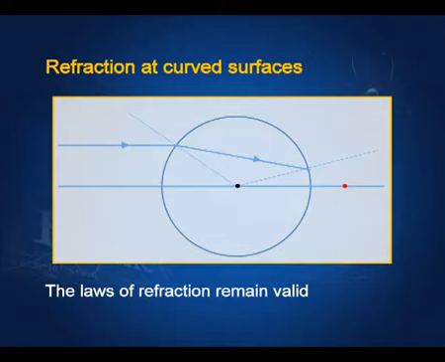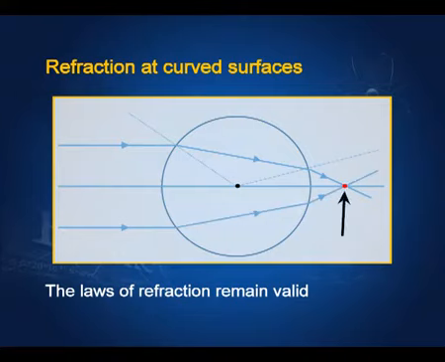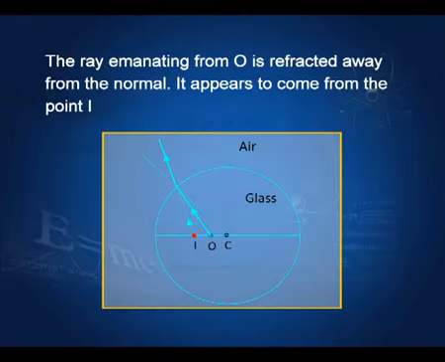Therefore, this is the normal, this is the angle of incidence, this is the angle of refraction, and when it comes out, this ray gets further deviated from the original ray and it goes like this. Take another ray, this again undergoes refraction, and you can see these two emergent rays meet at this point. That means this sphere of, say, glass or whatever is acting like a device which converges these parallel rays to this point.